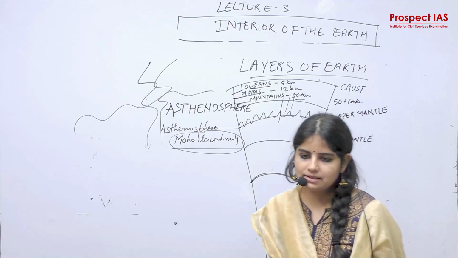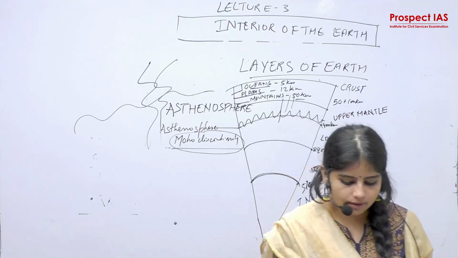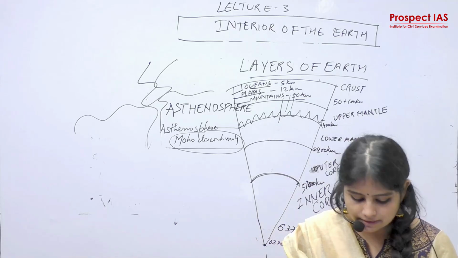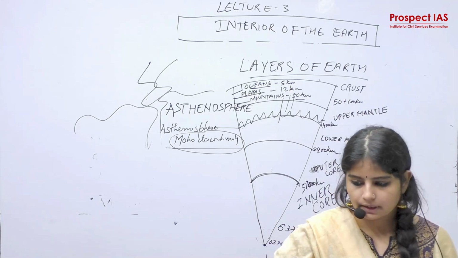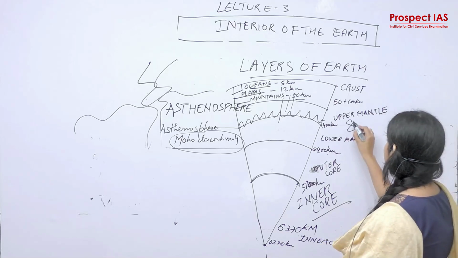So mantle means the middle layer of the earth. Below the crust, the mantle accounts for 83% of the volume of the earth.